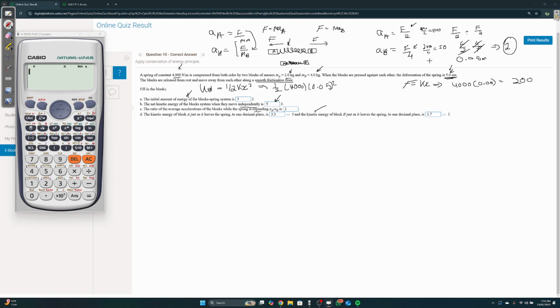Perfect. So you have the acceleration is 100. They're asking for the kinetic energy just as it leaves the spring. So the spring was compressed 5 centimeters. It's accelerating at 100. And how long does it accelerate for before it leaves the spring? It accelerates for 5 centimeters. So you have this 5 centimeter interval at which it's accelerating at 100 meters per second squared. Can you find the velocity knowing that you have acceleration 100 for 5 centimeters?